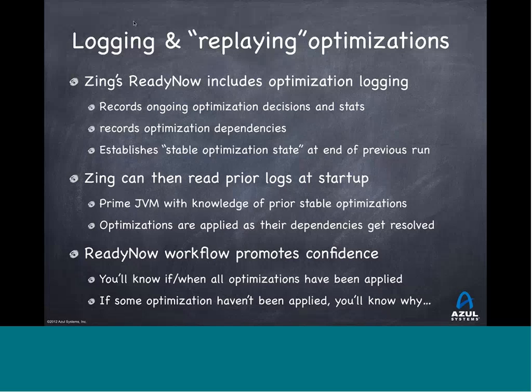With ReadyNow, you can actually tell whether or not all your prior optimizations have been applied, and if some of them have not yet been applied, you can know why. From a workflow perspective, you're able to know that there are, say, seven things that had previously been optimized in the long run but haven't yet been optimized before the market opened. And we can tell you what is missing, what operations those things are still waiting for. That information comes from the dependency tracking that we log.